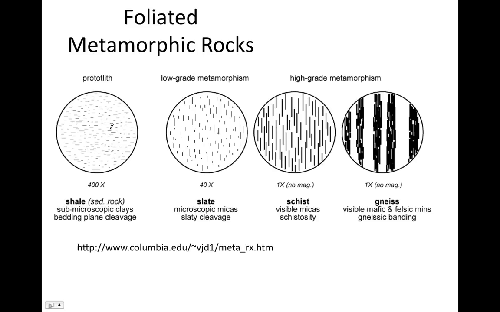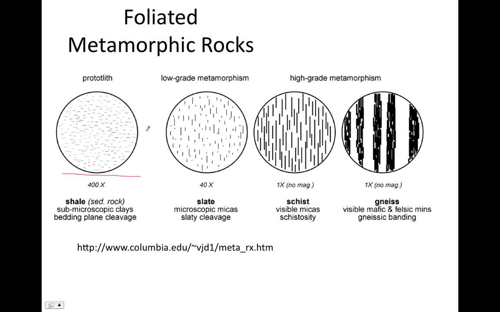So here you can see the different foliated textures. Here's the parent rock. This is shale, these little tiny clay minerals. They were deposited on, say, a sea floor that was oriented like this. So they're roughly parallel to each other, and parallel to the surface they were deposited on. And this is magnified by 400 times, so these are really tiny crystals.